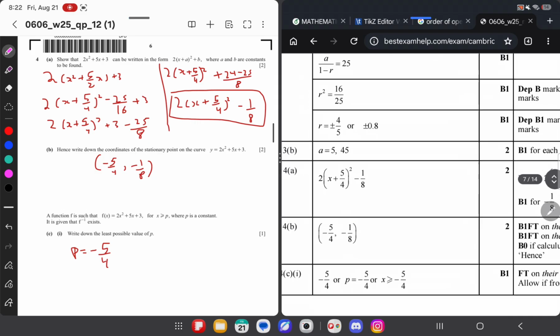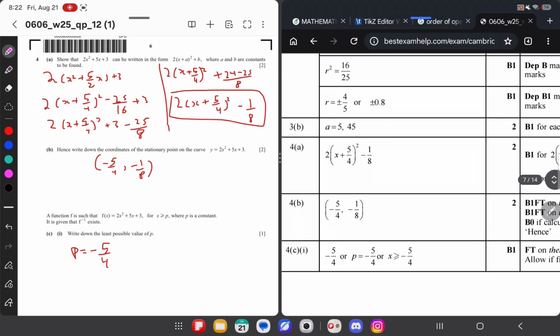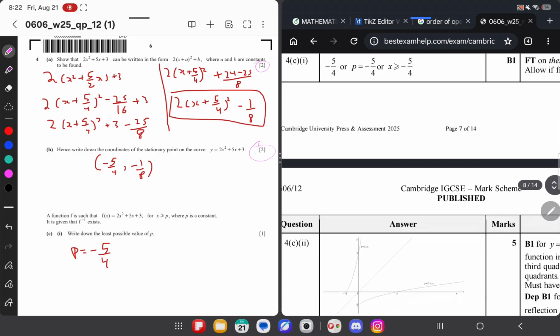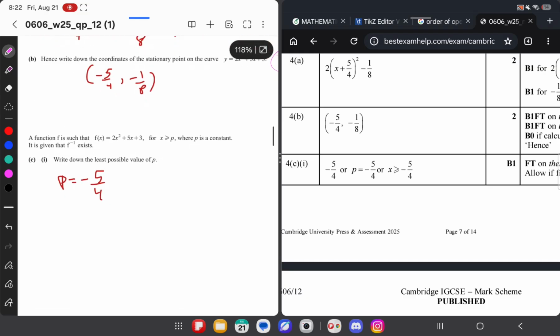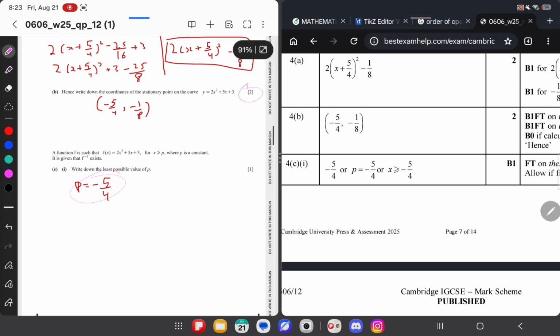Then we got question number 4. We have if this is our final expression, 2 marks. Yay. B1 for if we get this. So P is equals negative 5 over 4 or X is greater than or equals to negative 5 over 4.